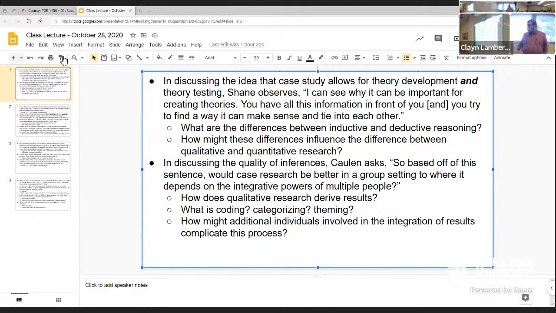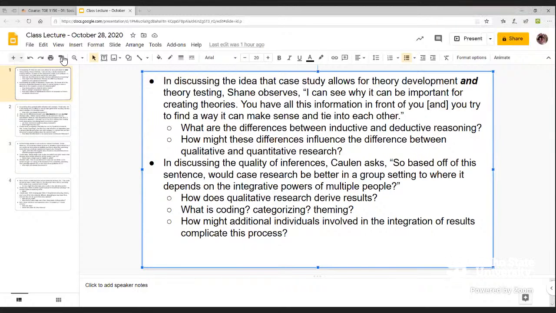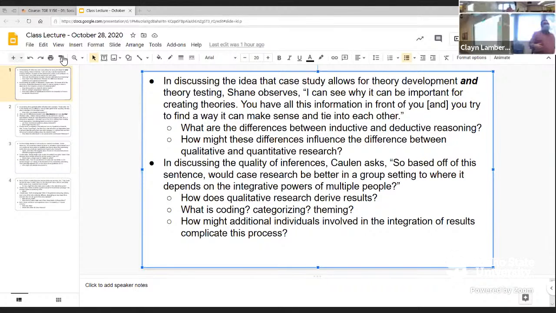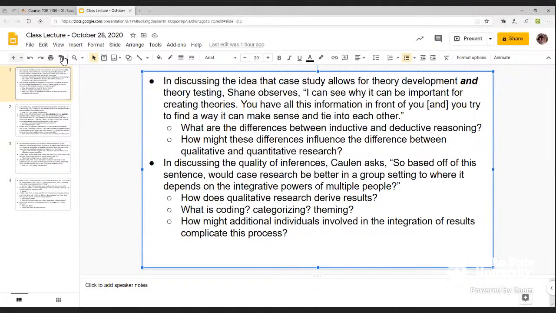Colin, do you want to help him out? Case studies and case research. Okay, case study and case research as a part of a broader concept of qualitative research, right?